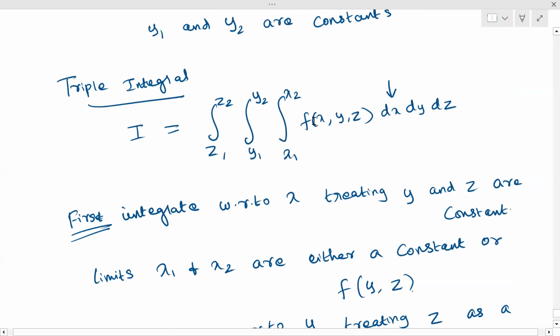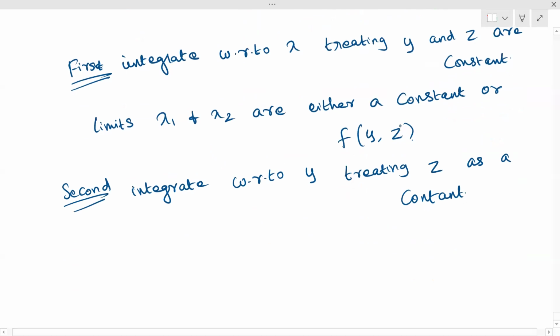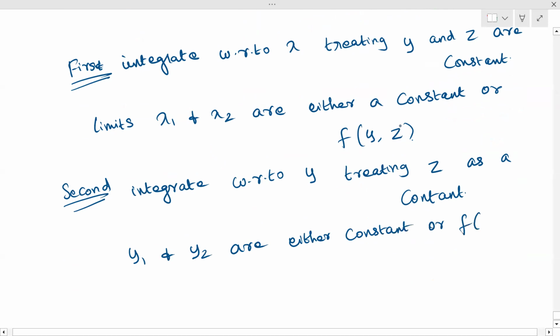Here after finish the middle integration, here the limits are y1 and y2. What is the nature of y1, y2? It should be either constant or function of another variable. What is the remaining variable? z. So y1 and y2 are either constant or function of other variable z.